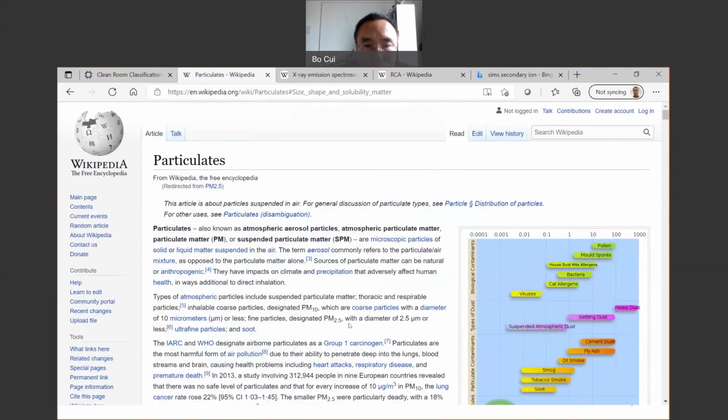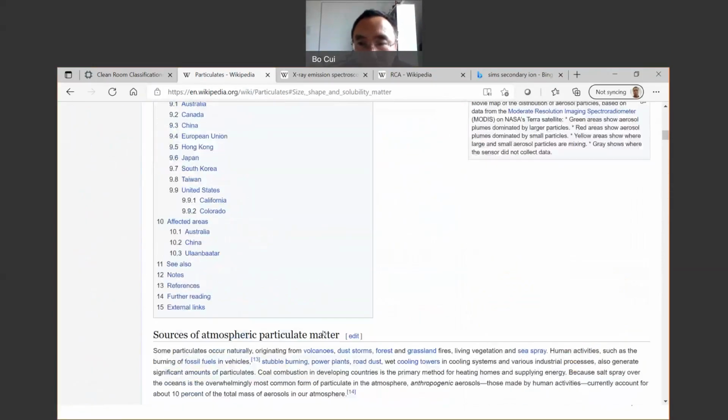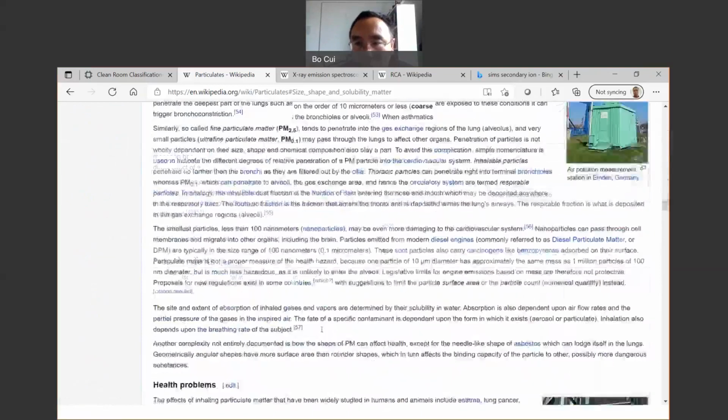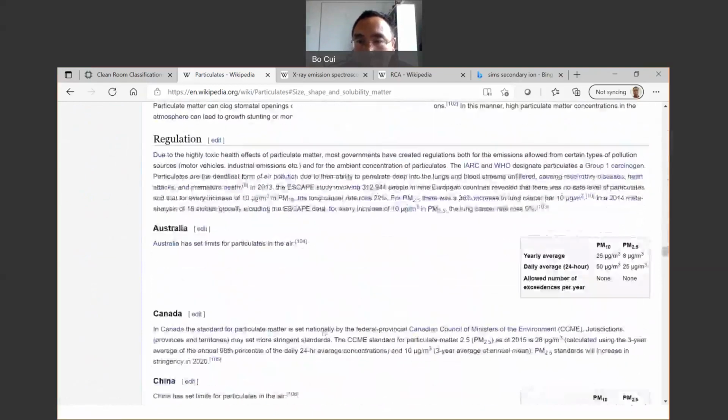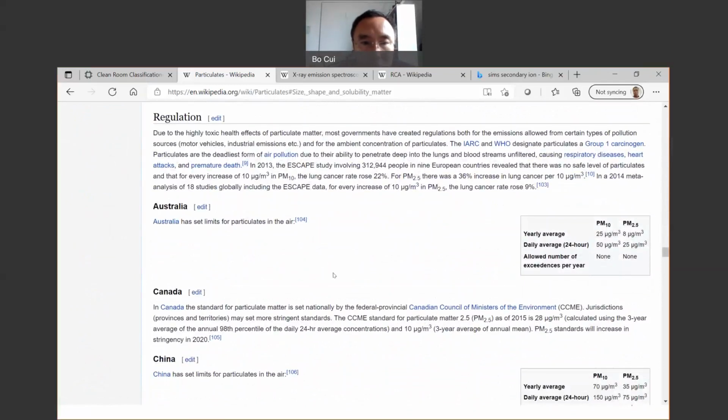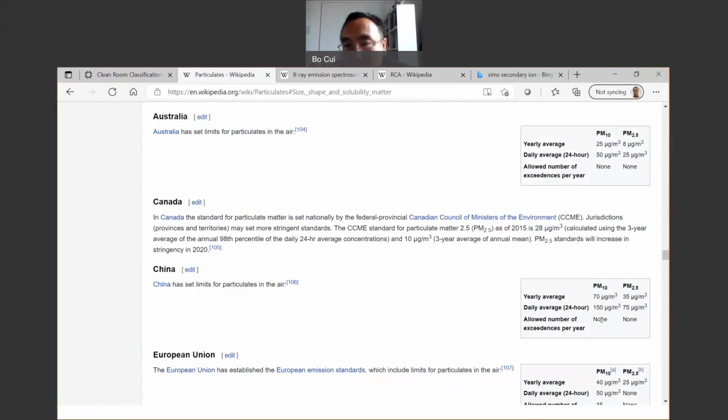We also have PM10, which means the particle diameter is 10 micrometer or less. The unit is how many microgram per cubic meter, I think. Here you can see, this is in China. The unit for the PM 2.5 is how many microgram of particles in air per cubic meter.